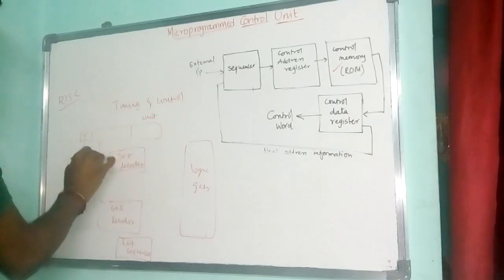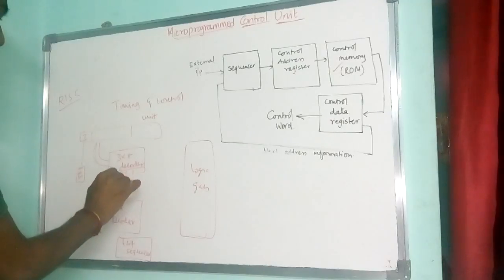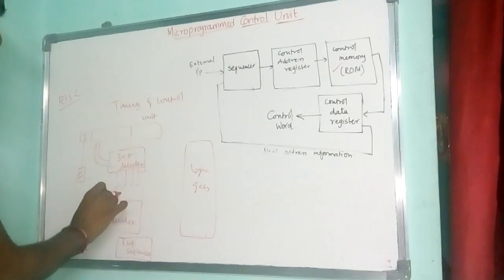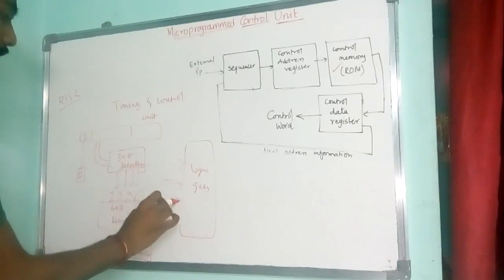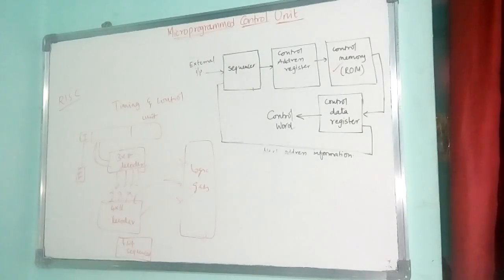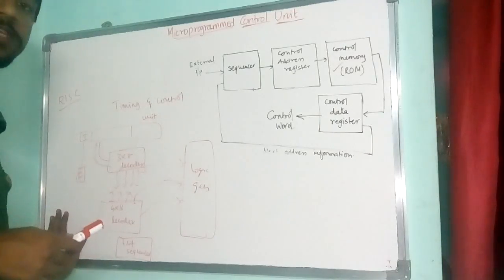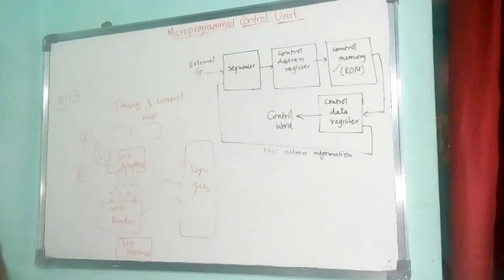These are interconnected, and outputs are taken from these two logic gates. So this is the example for the RISC type of design of control unit.